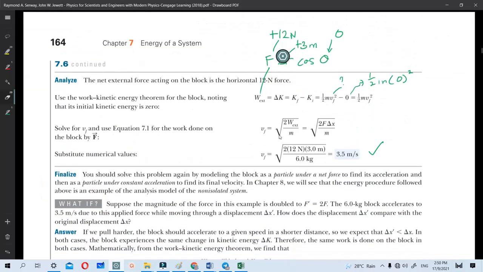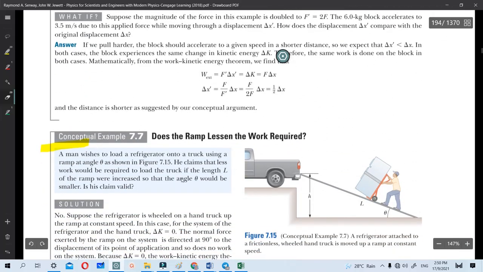Let us now look at page 164, conceptual example 7.7. In this example, we are going to see whether the amount of work is equal, less, or larger by using two methods. Number 1, through the incline or the ramp. Or through here, the vertical climb.